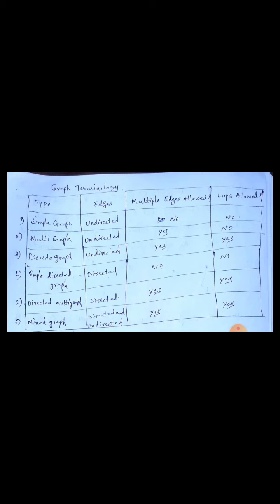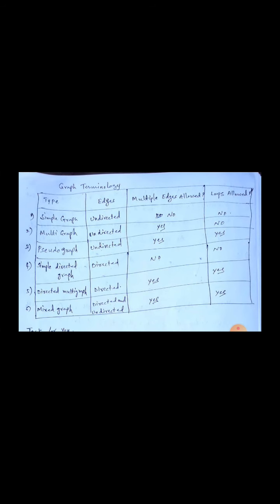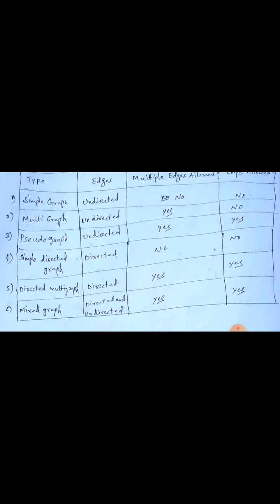So in a simple graph no loops are allowed, multiple edges are not allowed, and the edges are undirected. In this way all these terminologies are given.